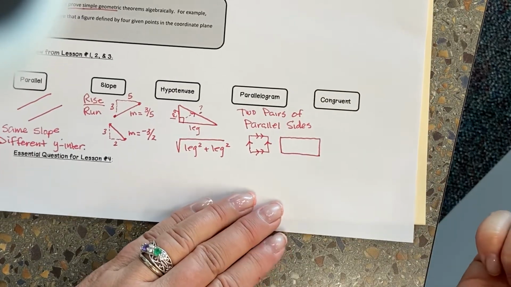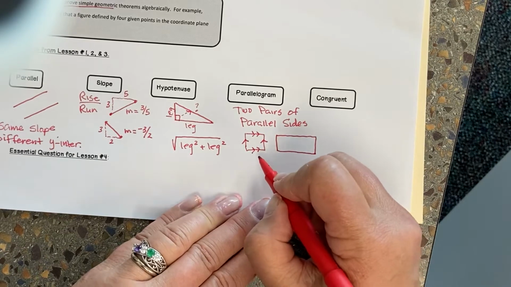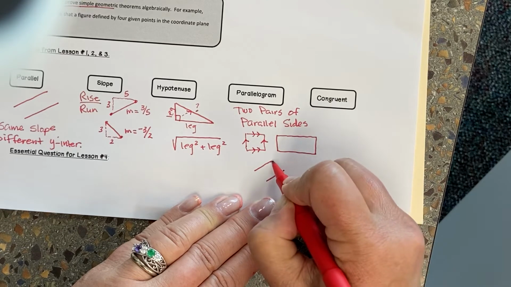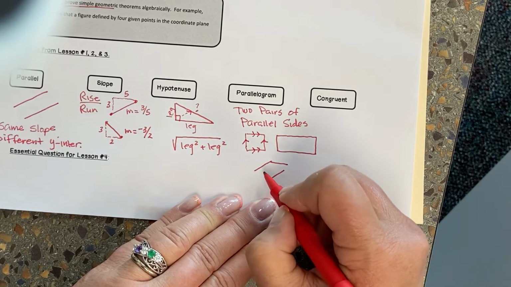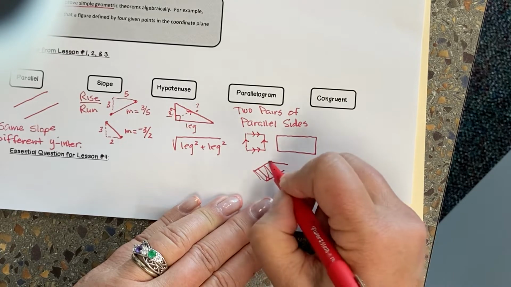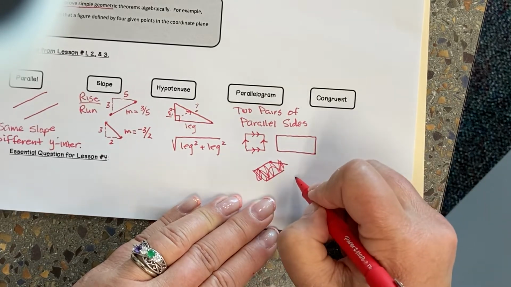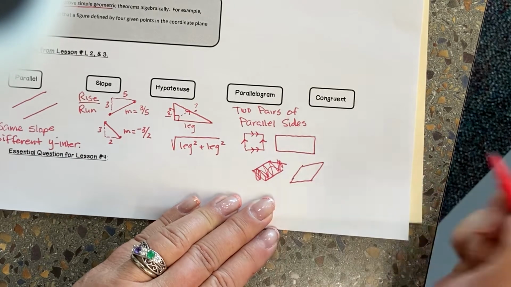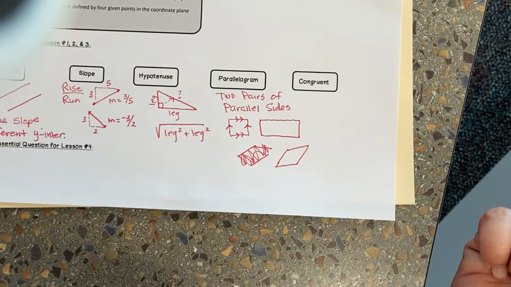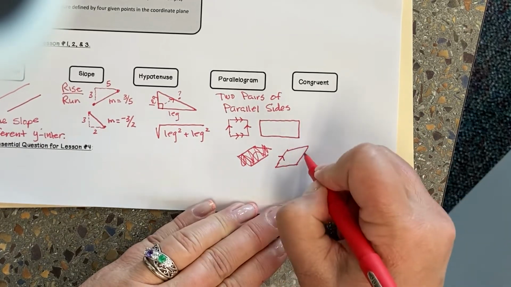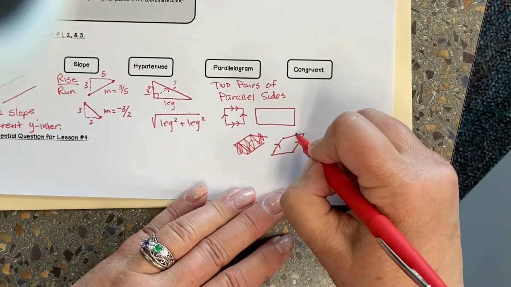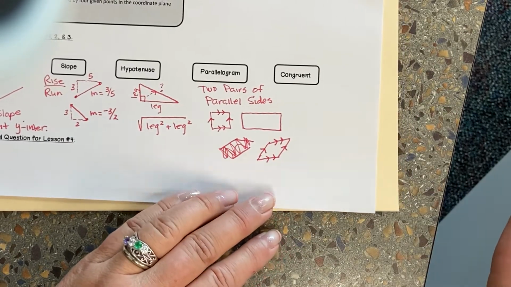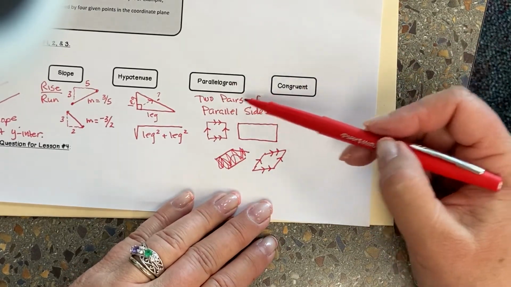That's a parallelogram. Or it could be a rhombus. Let me see if I can draw a rhombus. Those 2 sides would be parallel. Oh man, that's terrible. Okay, hold on. Forget I even did that. Okay. Yeah, something more like that. Kind of a squished square. Where this side would be parallel to that side, and that side would be parallel to that side. Okay, so those are parallelograms, two pairs of parallel sides.